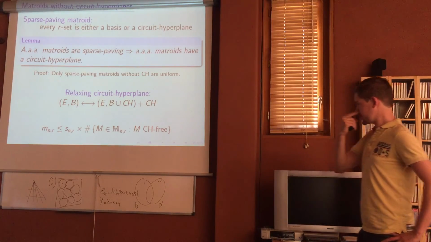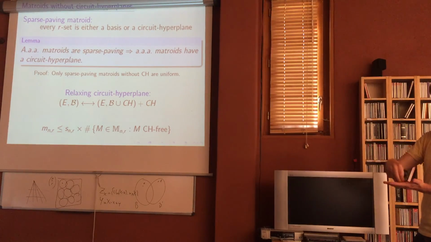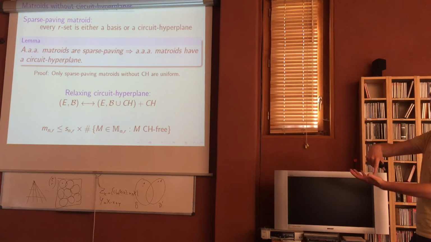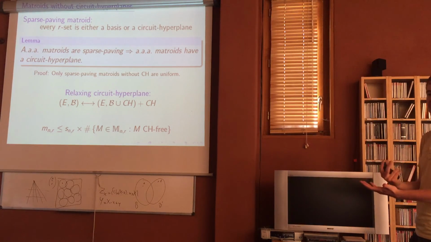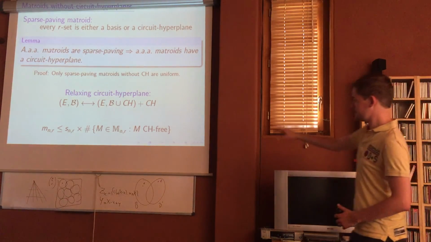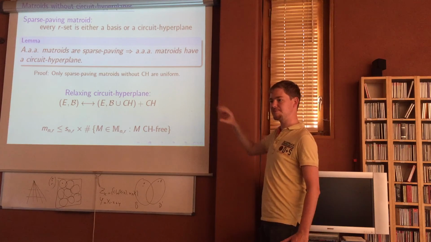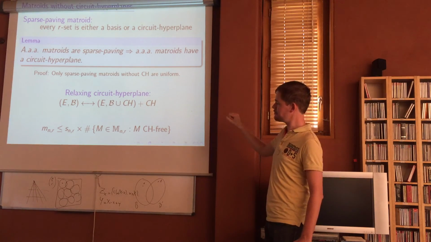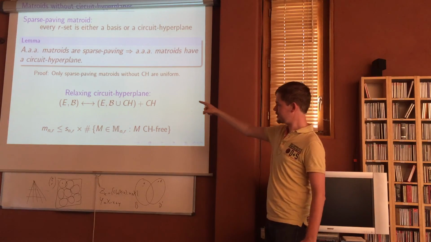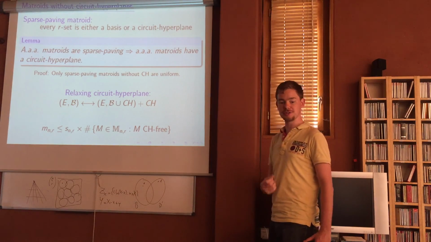If you have a bunch of circuit hyperplanes, then you can relax them all and give them in a list. And the matroid that you are left with does not have circuit hyperplanes. So the bunch of circuit hyperplanes that you selected is just a stable set in the Johnson graph, and there's a matroid without circuit hyperplanes as well.